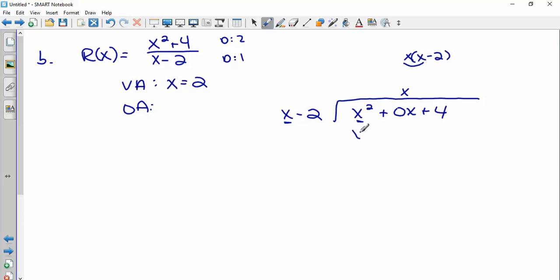So that gives us x squared minus 2x. What do we have to do at this point? So subtract. Yeah. The x squared minus x squared cancels. 0x plus 2x is 2x. And bring down our plus 4. Then 2x divided by x. And that is all we need. We don't have to finish the long division. So it's just y equals x plus 2.